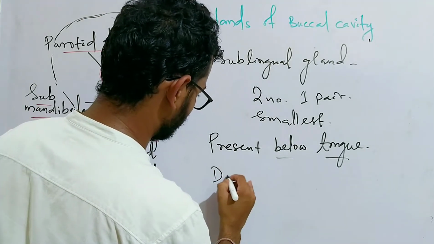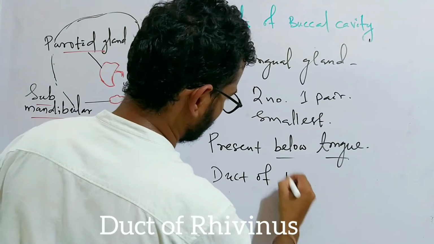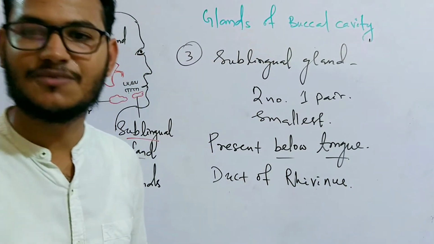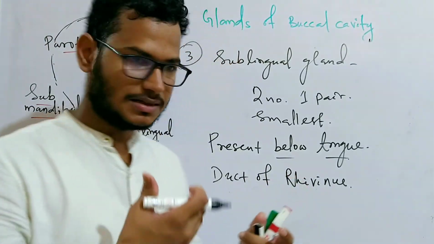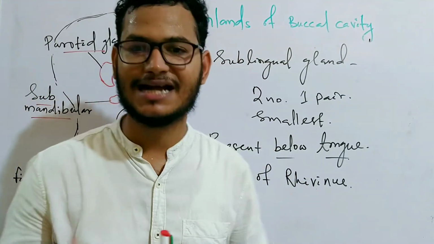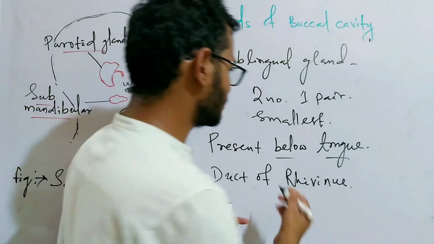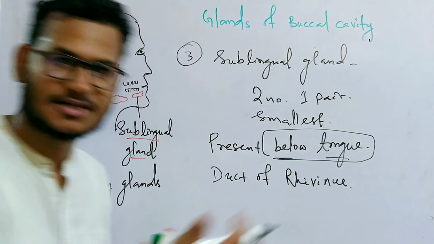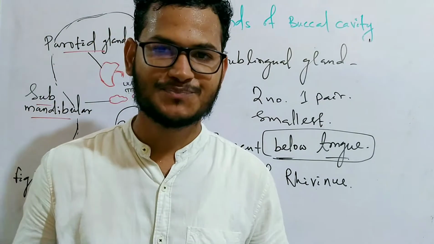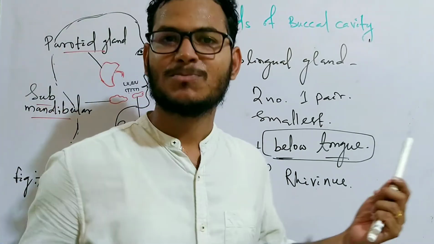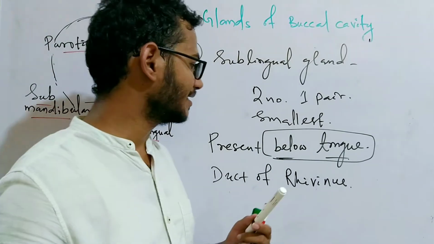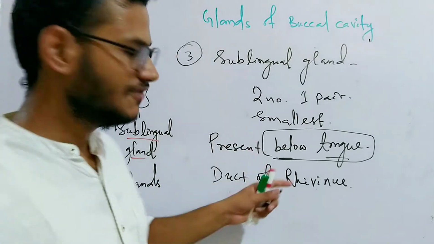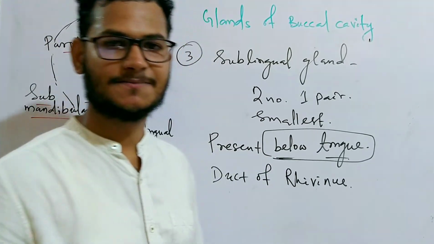The duct responsible here is the duct of Rivinus. It helps in taking the secretion of the sublingual gland to the buccal cavity, and it opens below the tongue. The gland is present below the tongue, and the secretion also opens below the tongue. Clear? So the secretions come to the buccal cavity below the tongue with the help of the duct of Rivinus in this case. Okay, clear?